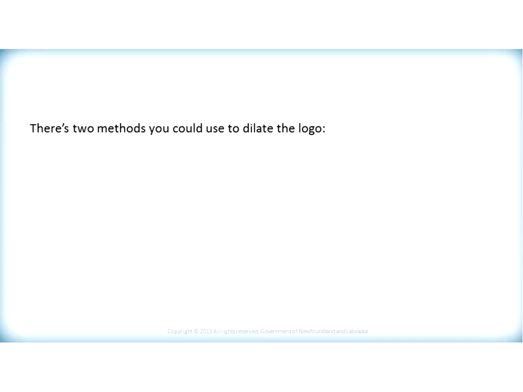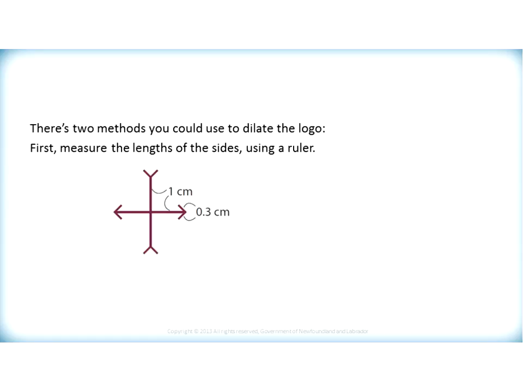Okay, so we're going to look at two different methods for making a dilation of an object, in this case the logo. The first is to actually measure it out using a ruler. This is already dilated a bit, but the diagram shows that if we put a ruler on it, that part of the diagram is 1 centimeter from the middle to the end of each line.